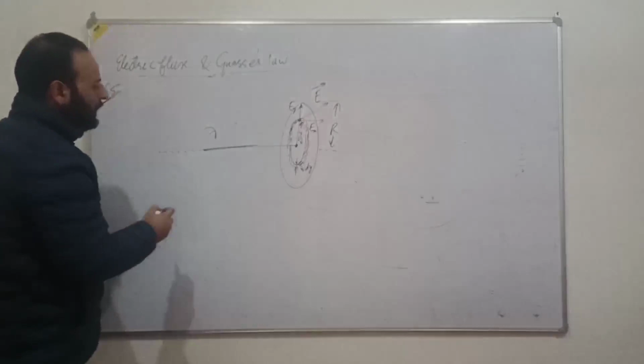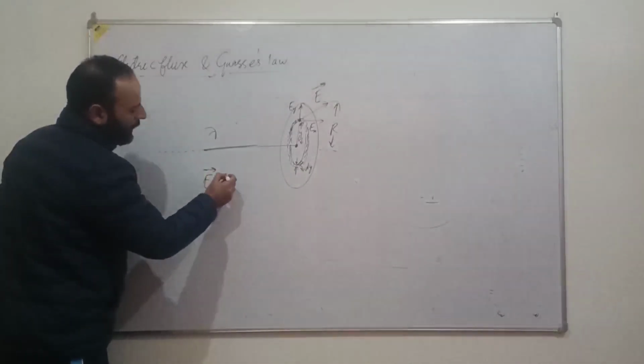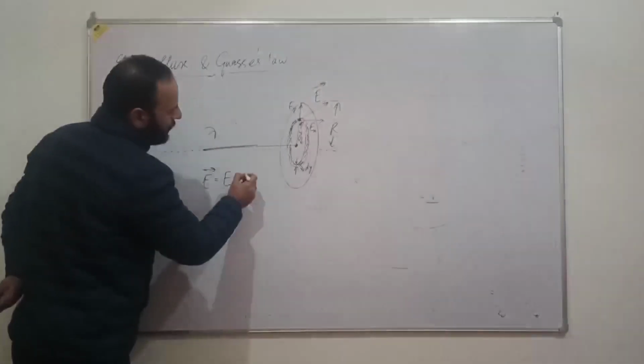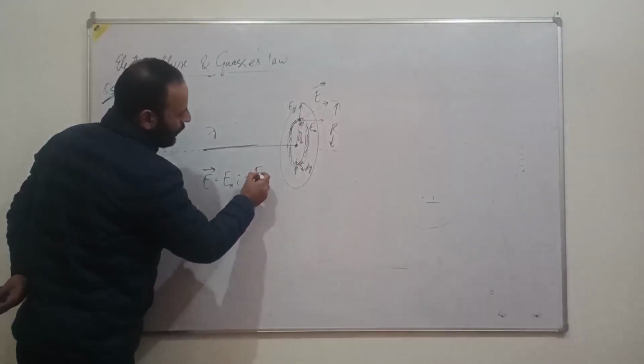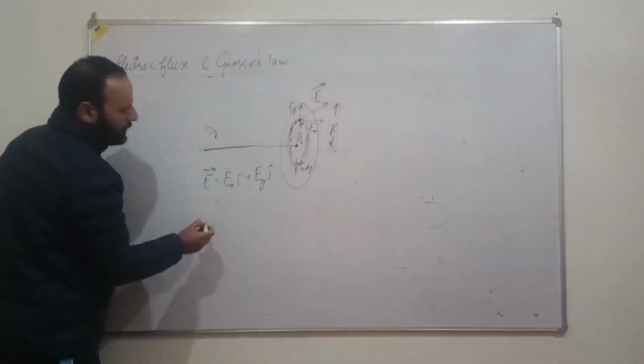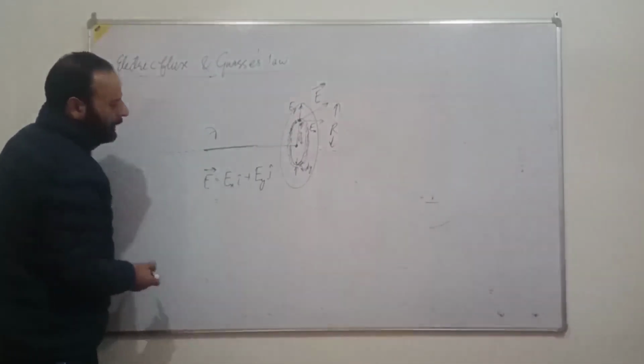Now this E is given by E = Ex i cap, along the x-axis, plus Ey j cap.